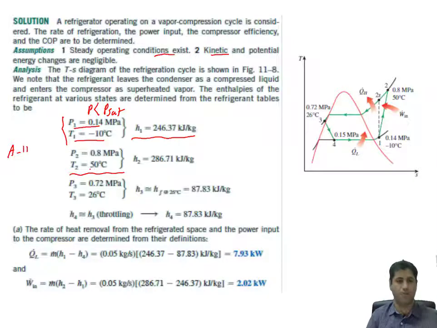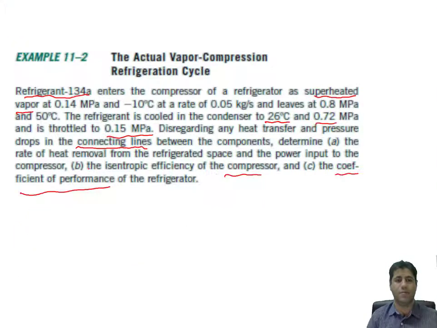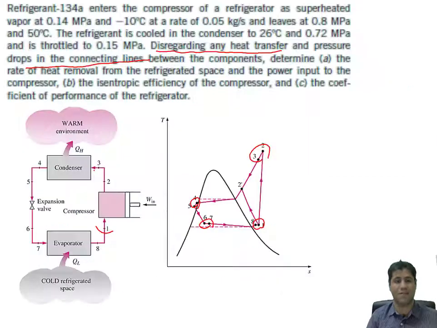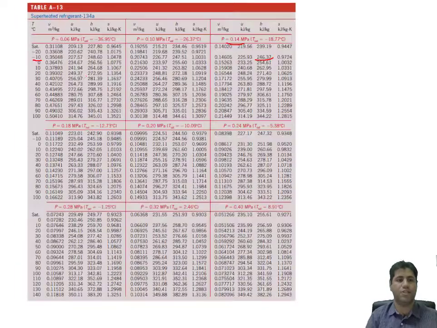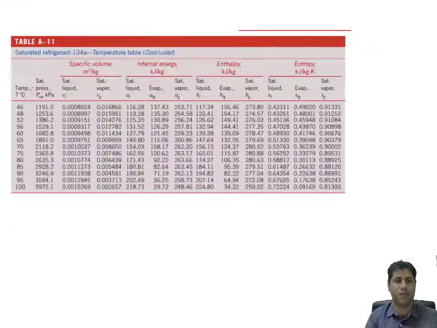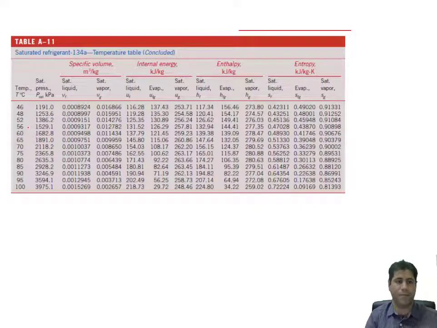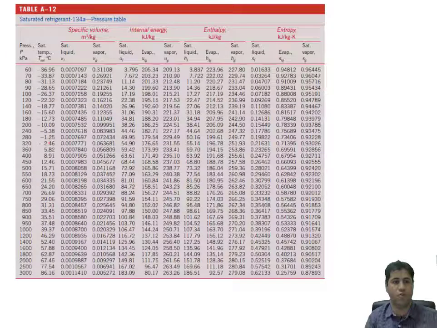Again, we can go to the table. The temperature is 50 degrees Celsius. Here you can see we don't have 50 degrees Celsius directly, so we can use the pressure. The pressure is 0.8 megapascal or 800 kilopascal.